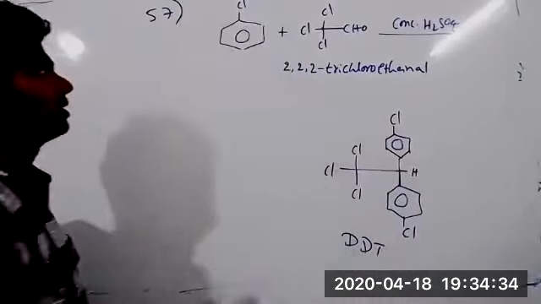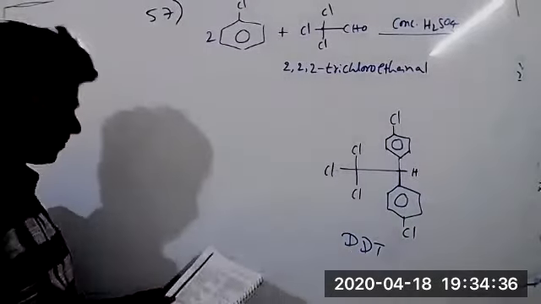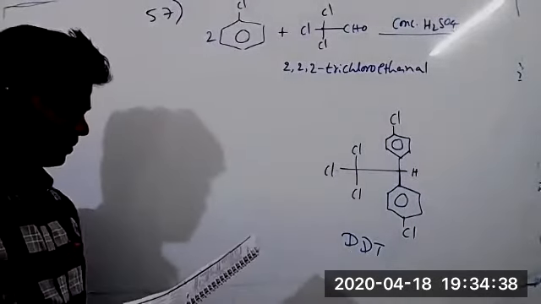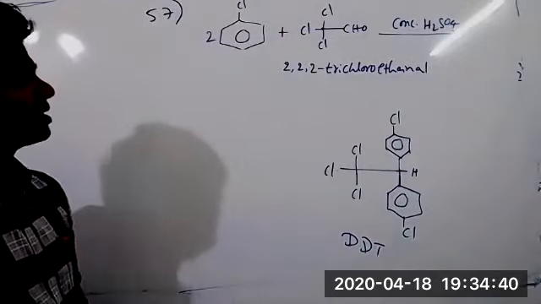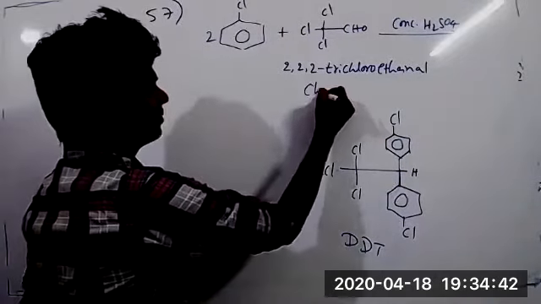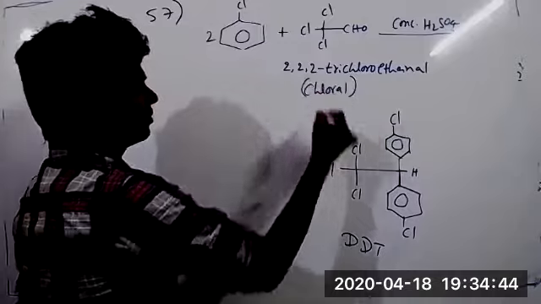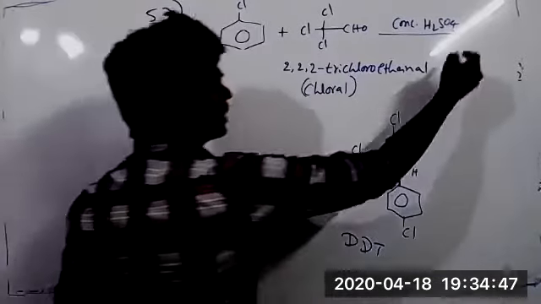Note down this reaction. Chlorobenzene with this, whose common name is chloral, directly write the product name DDT.